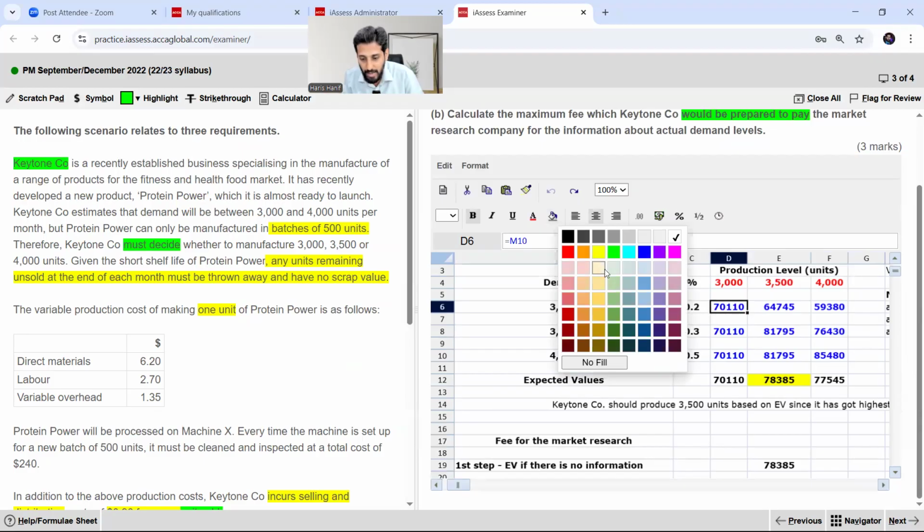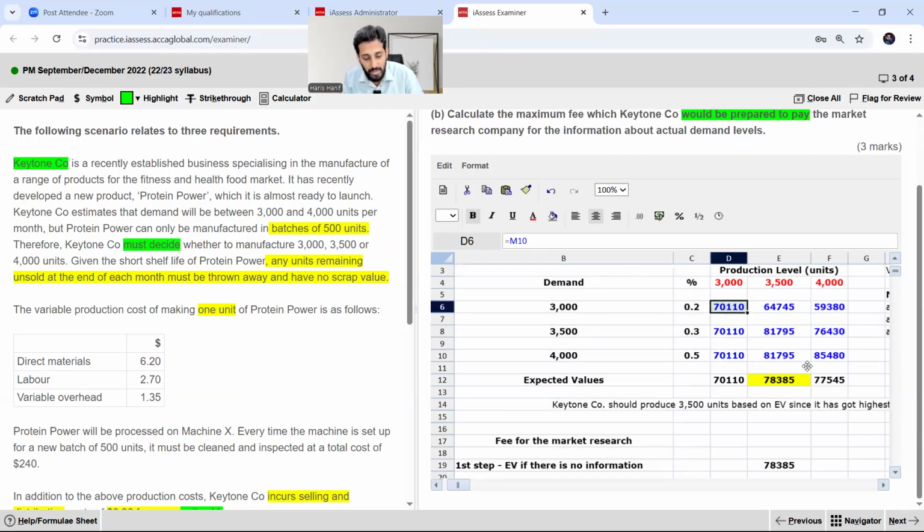So if I have a risk averse attitude, I will follow this. That is the defensive approach: first identify the least outcome and then select the best from the least. So this is the maximax and maximin approach. I have explained it over here.